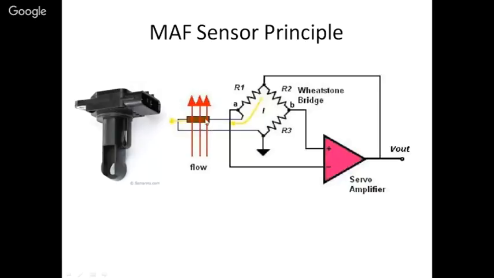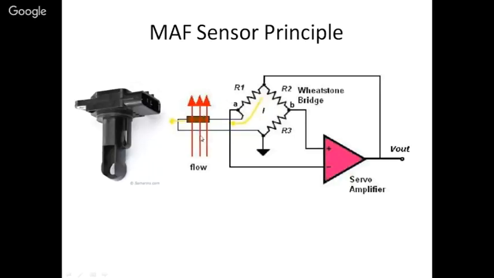Now this film is made a part of a Wheatstone bridge in which the R1, R2 and R3 resistances are fixed, and the film resistance is taken in such a manner so that when no airflow is occurring, then for a given current through this, the bridge is balanced. That is, the voltage drop across A and B is zero, or you can say the voltage is same at A as that at B.